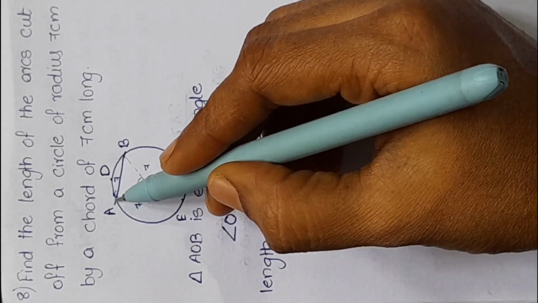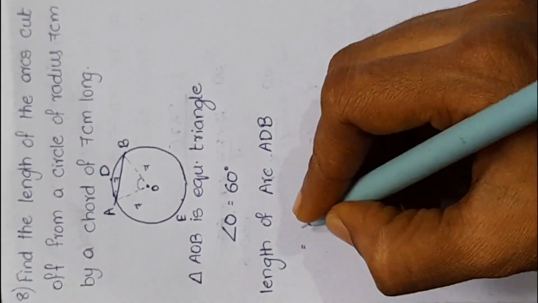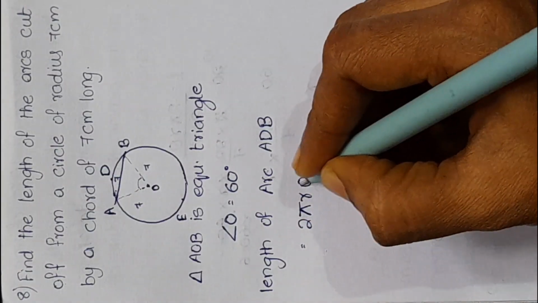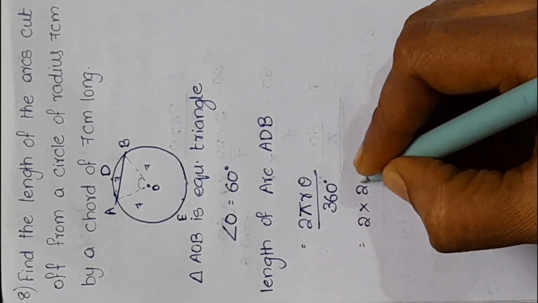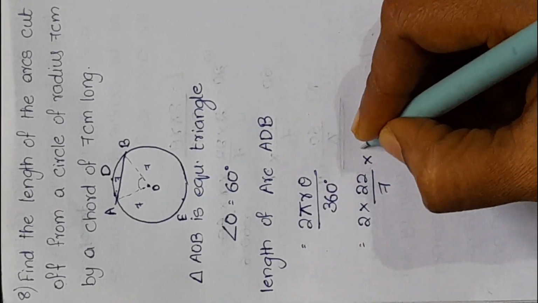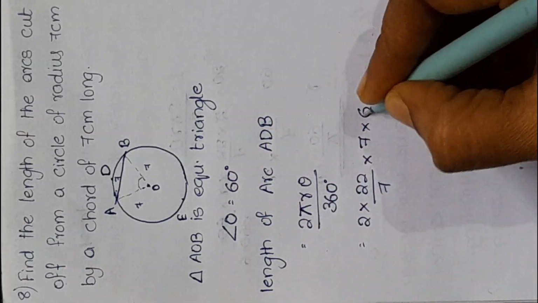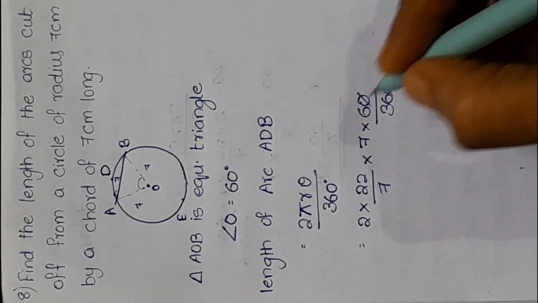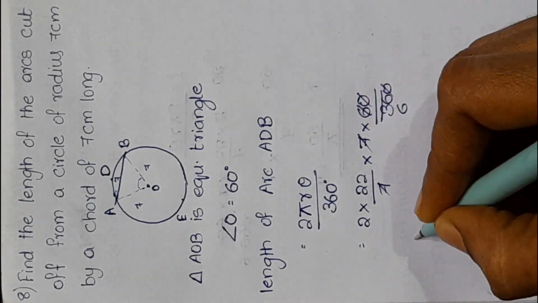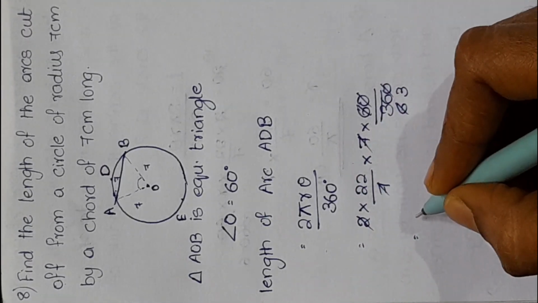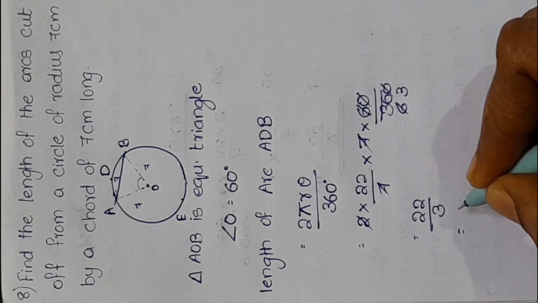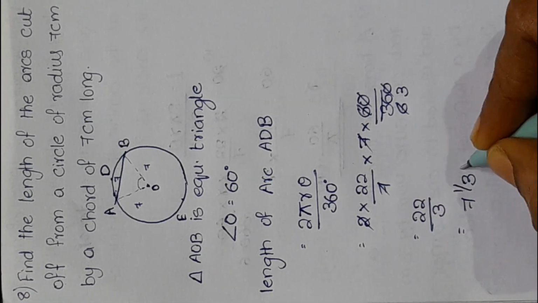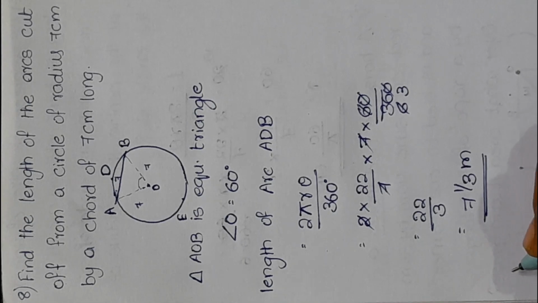Now the length of the smaller arc ADB is equal to 2 pi r theta by 360 degrees. Now substitute the values: 2 into 22 by 7, r value is 7, into theta which is 60 degrees by 360. So this becomes 22 by 3. This can be written as 7 1 by 3 meters, which is the length of the smaller arc.